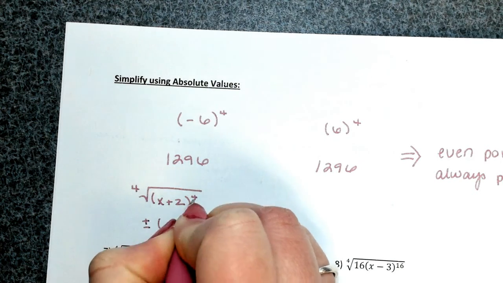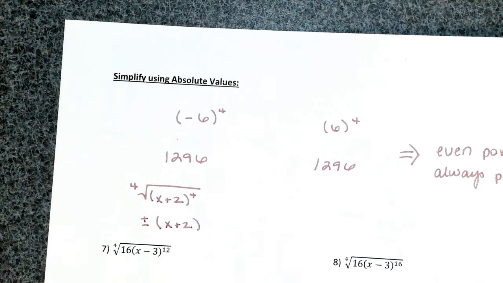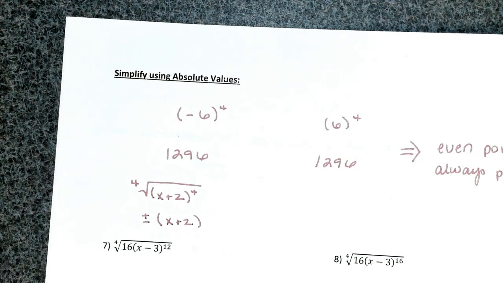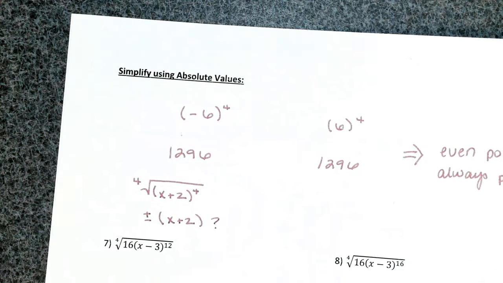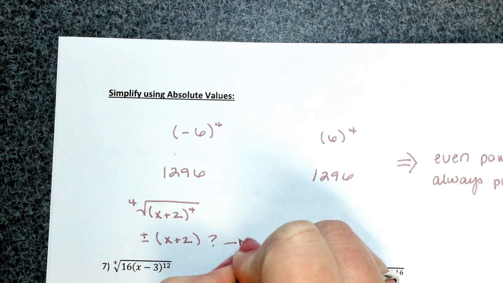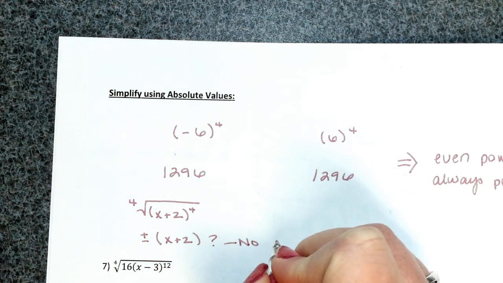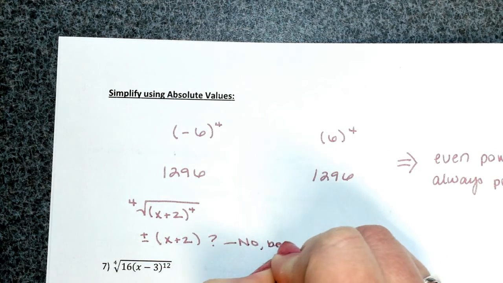X plus 2, since 4 divided by 4 is 1. It has to be positive. So your answer there is no. It's not going to be the positive or negative. No, because it was raised to an even power.